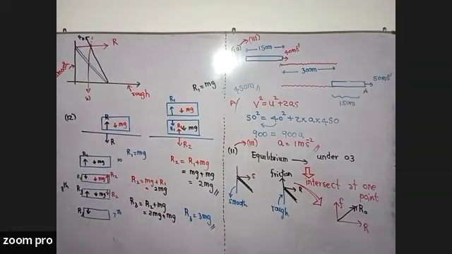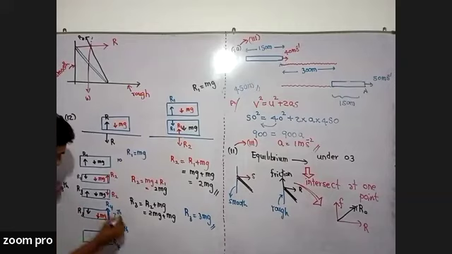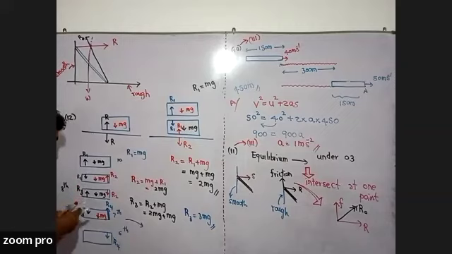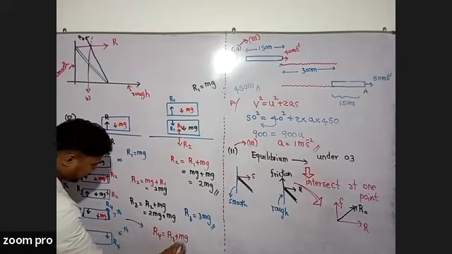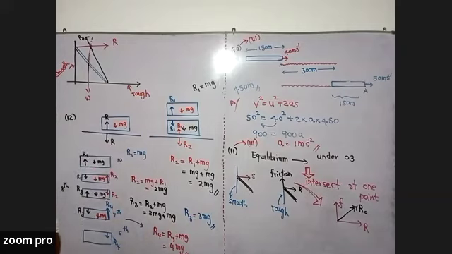Let's consider the 7th coin. So let's mark the forces on this coin: mg, and the other is R4. This R4 is exerted from the 6th coin, isn't it? Right. So let's consider the equilibrium state of the 7th coin. Then we can obtain that R4 equals R3 plus mg. R3 means 3mg, so R4 should be 4mg.